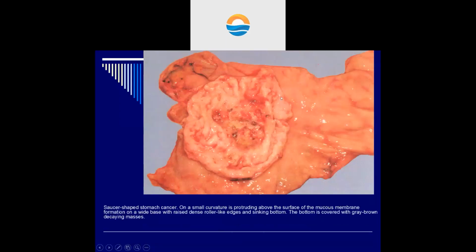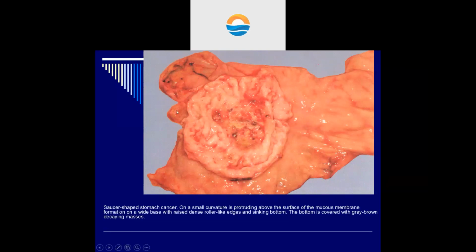Here you see cancer, stomach cancer, a gross specimen of the stomach, and in the stomach mucosa you see a quite large saucer-shaped formation protruding above the surface of the mucous membrane.